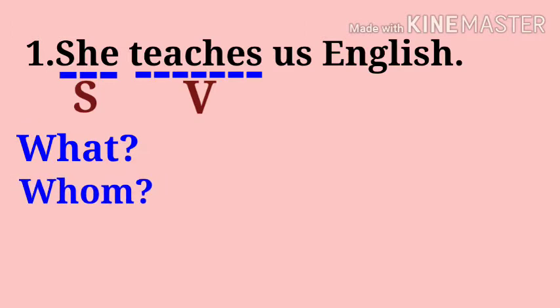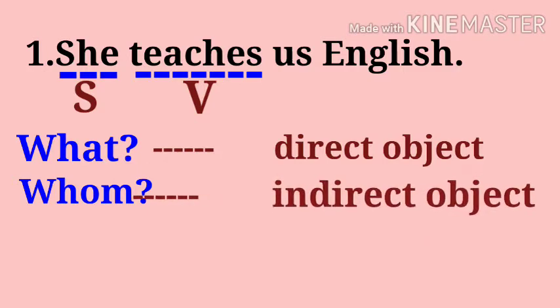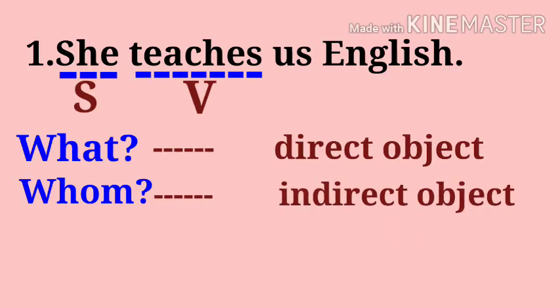If we get the answer to the question what, we get the direct object. And if we get the answer while asking the question with whom, we will get the indirect object. Keep in mind that direct object and indirect object are the two types of objects.